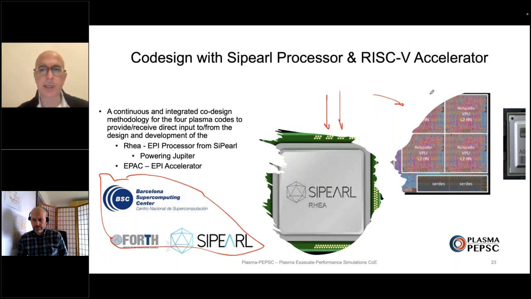In this case, the experts from BSC, Forth, and Cyper have access to the code and are testing the code on the simulators, providing feedback on how to change the code in order to use the system.